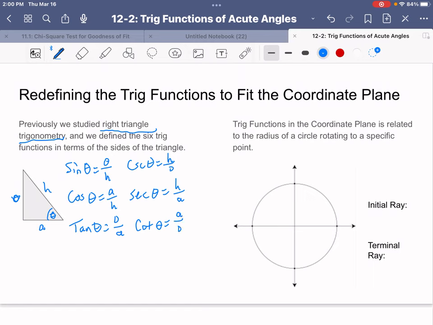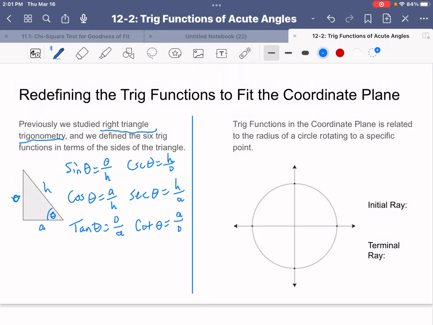So when we're doing right triangle trigonometry, we define the sine, cosine, and tangent functions and the 3 reciprocal functions in terms of the sides of a right triangle. Well, now, learning circular trigonometry, these definitions as opposite over hypotenuse and adjacent over hypotenuse just don't work because we're no longer talking about right triangles per se.